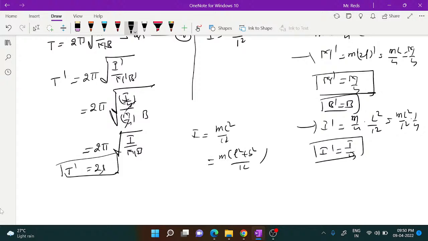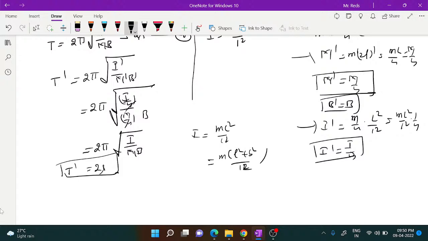So along the breadth also, what about the breadth? Length and breadth will remain the same only. Only the height becomes four equal pieces to be cut.